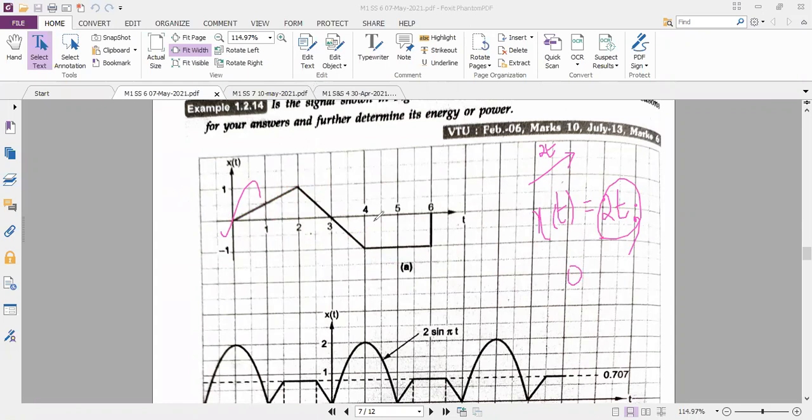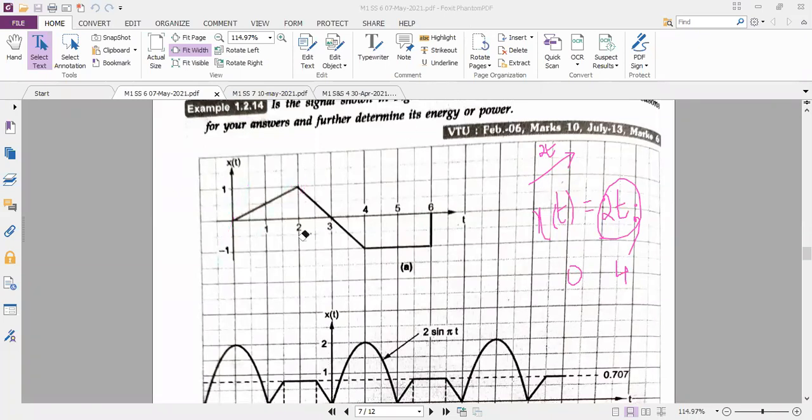If I substitute t is equal to 2, I get 4. But am I getting the amplitude as 4 in the diagram? No, ma'am.